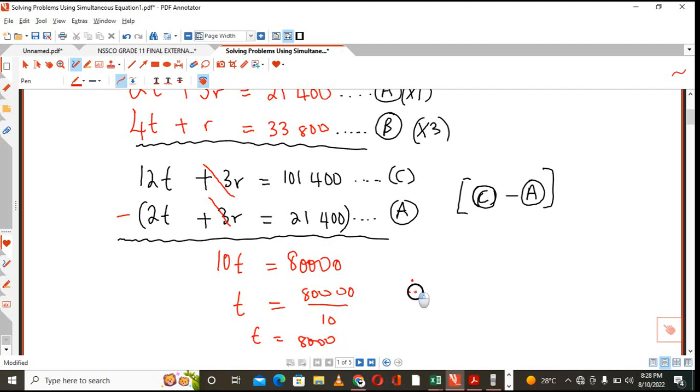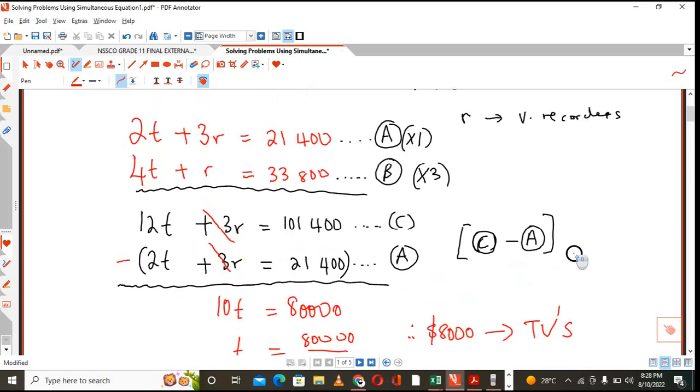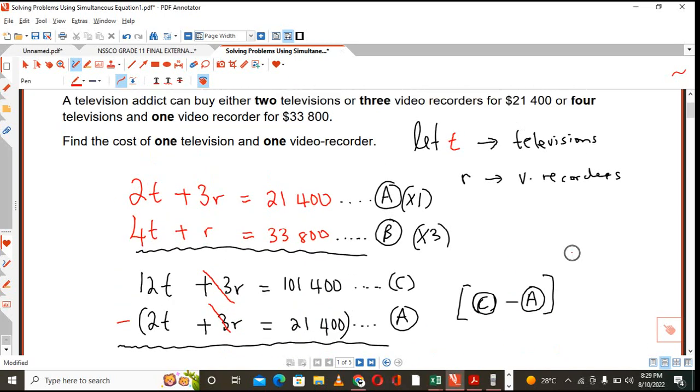Therefore, the television costs $8,000, and this is for the TVs. Now that we have the TVs, we are going to go back to the original equations, and substitute our value for T, which is the 8,000, either into equation A or into equation B. It's totally up to you which one you want to substitute into, but always remember, choose one that is a bit easier.